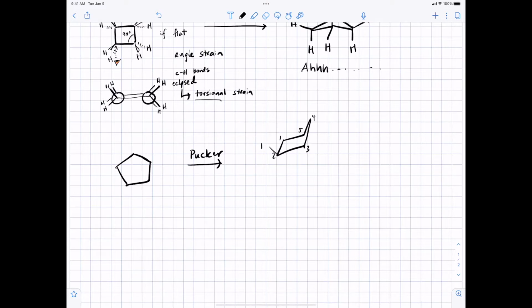That would mean that hydrogens on 1 and 2 are still eclipsed with each other, but that the hydrogens on carbon 4 are not eclipsed with the hydrogens on 5 and 3. This is called the envelope conformation, because if you sort of look at it, most of you probably haven't sent a letter very frequently in your lives.